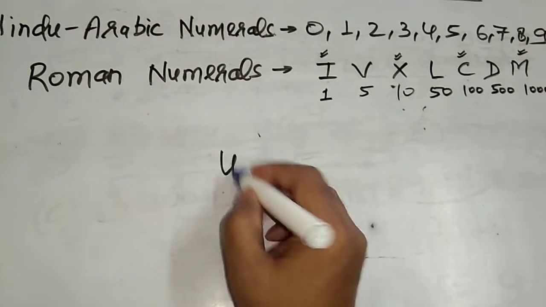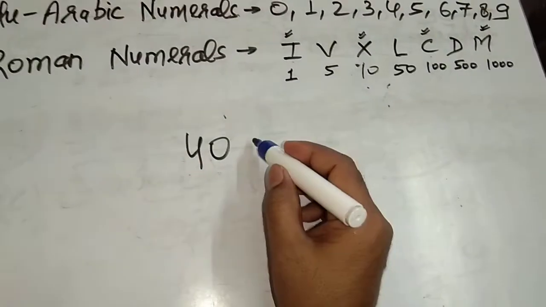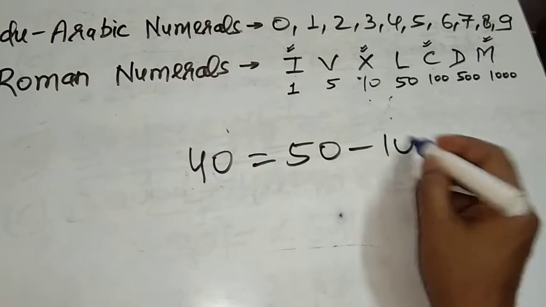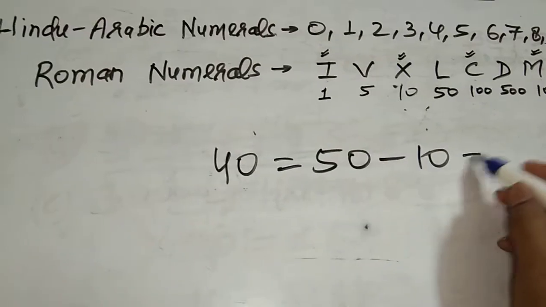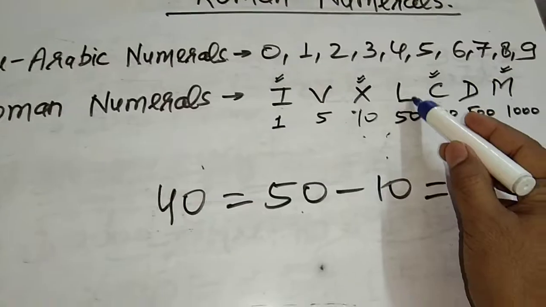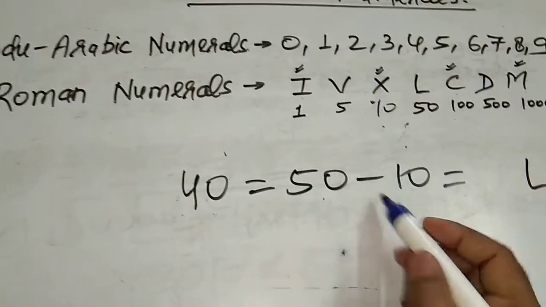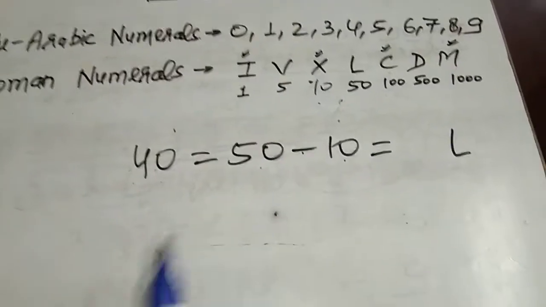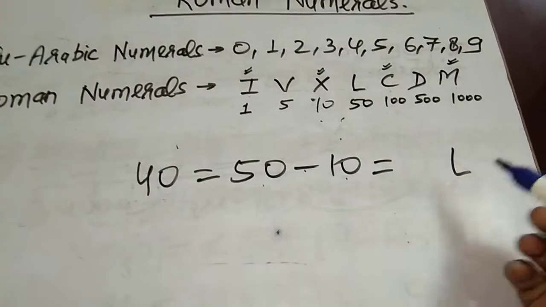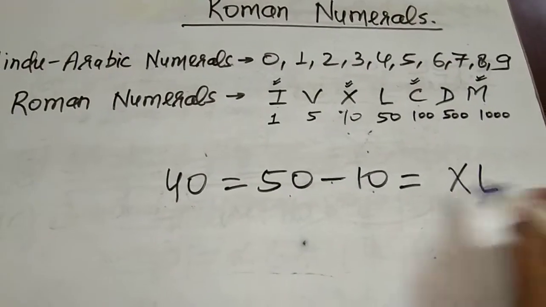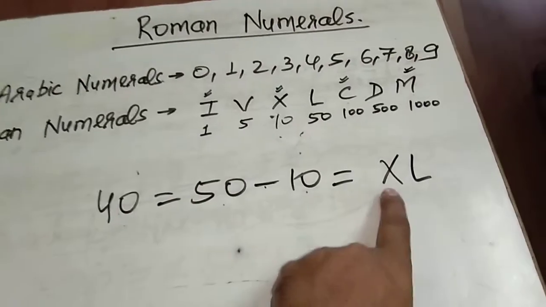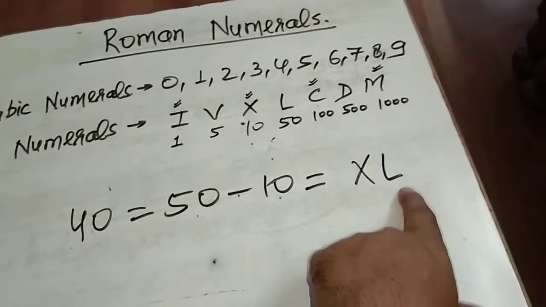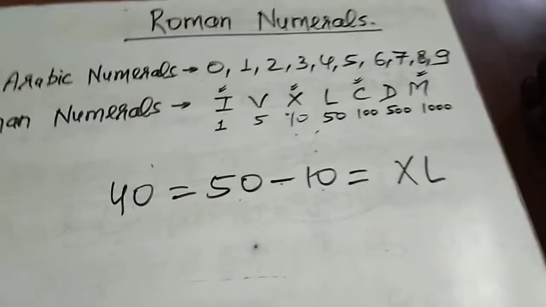Similarly, how can we write 40? 40 is 50 minus 10. The symbol for 50 is L, so we write L. Since 10 is subtracted from 50, the rule of subtraction is taking place, so we write X before L, because if smaller is written before larger, then the rule of subtraction takes place. 50 minus 10 means XL, it will be 40.